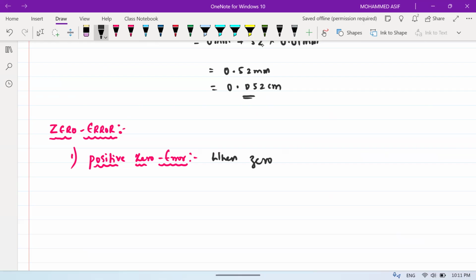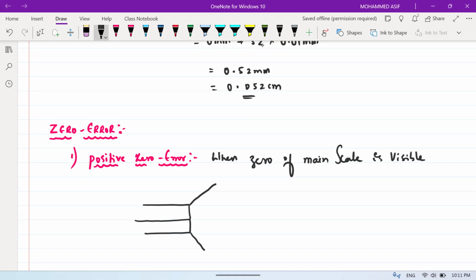When 0 of your main scale is visible, that will be your positive error. That means what? On the main scale, say this is your main scale and this is your circular scale and this is your reference line, and somewhere here there is a 0.